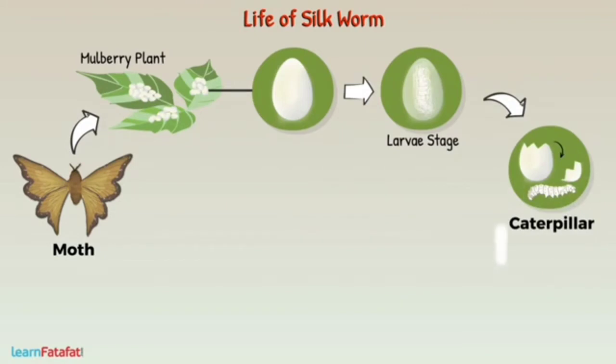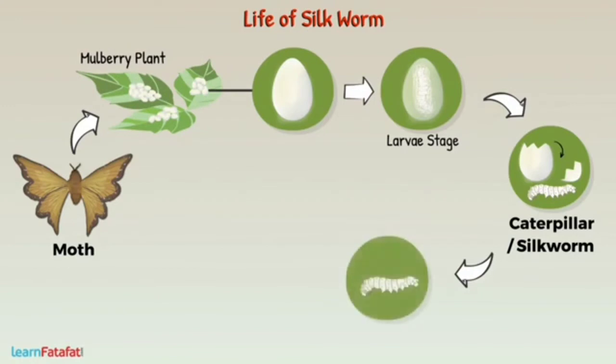This caterpillar is also known as silkworm or larvae. This caterpillar will eat mulberry leaves and it grows into the next stage, that is called pupa.